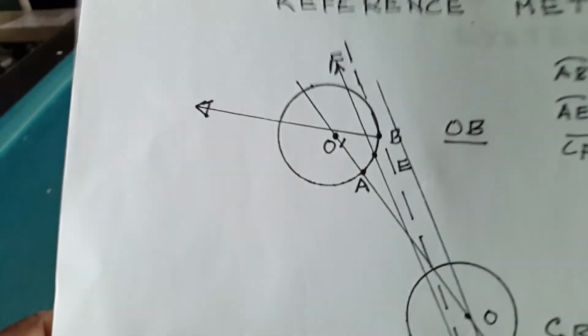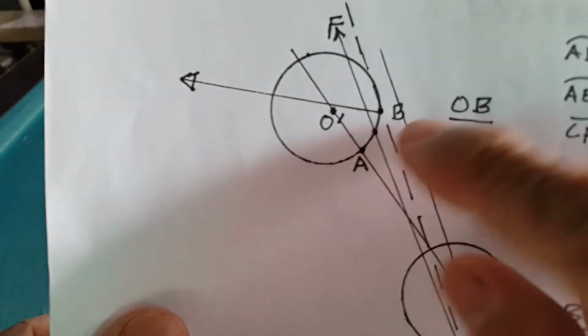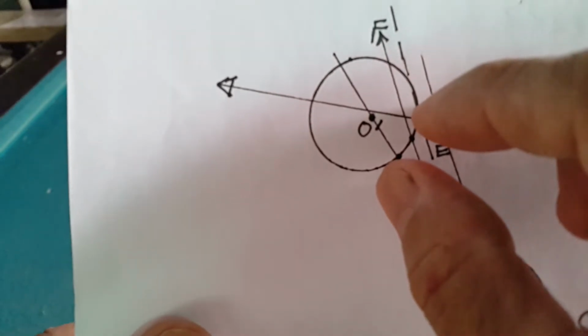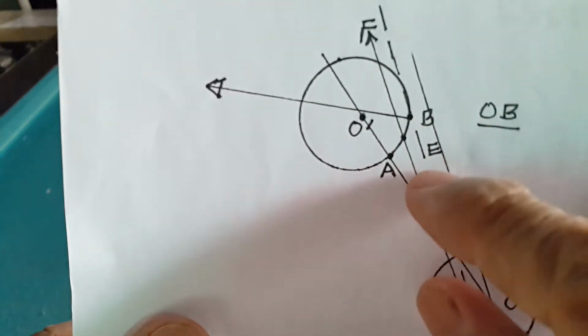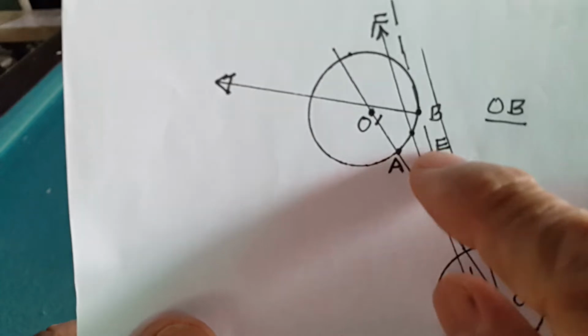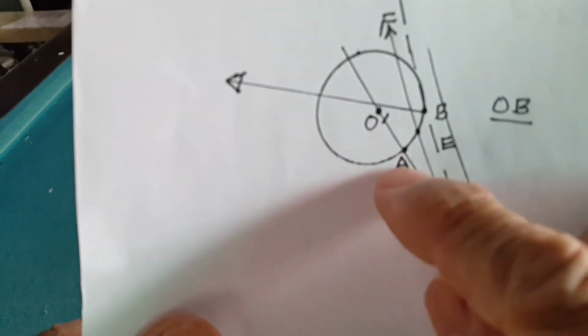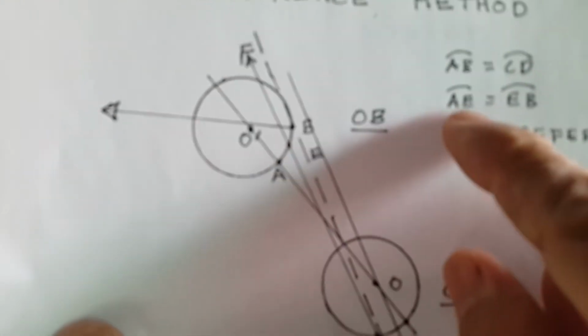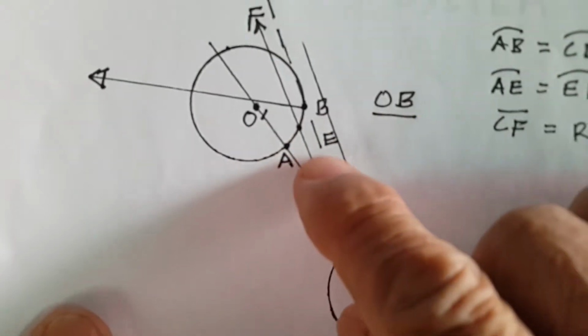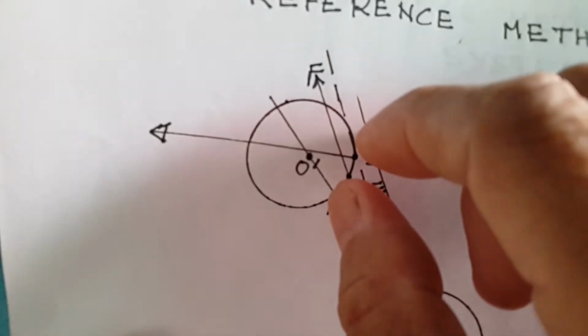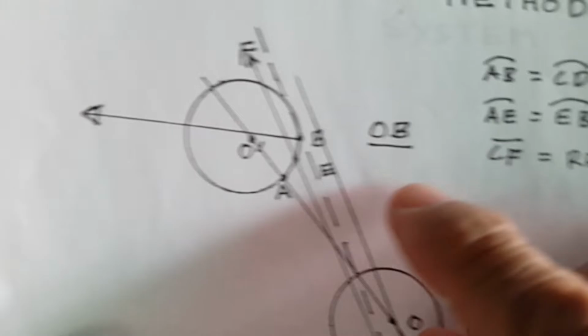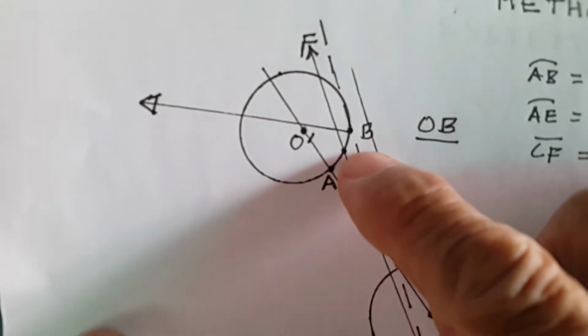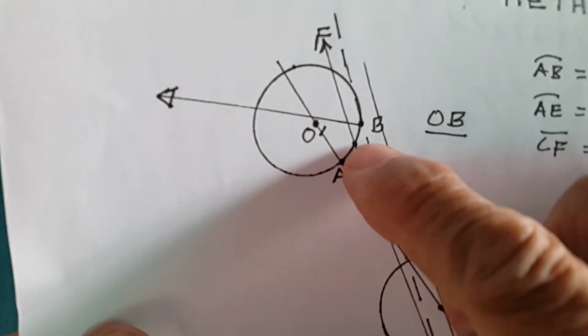After doing this, we have to find the midpoint of this arc length. So we designate this as A. So arc length EA is equal to arc length BA. So this is now the reference point.